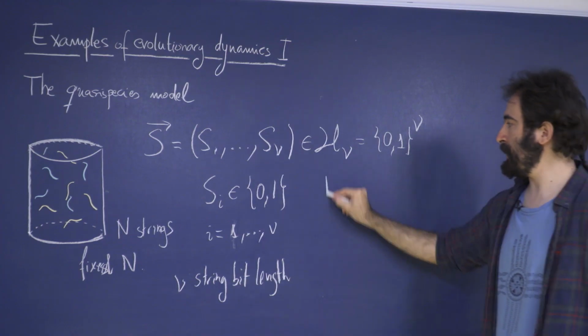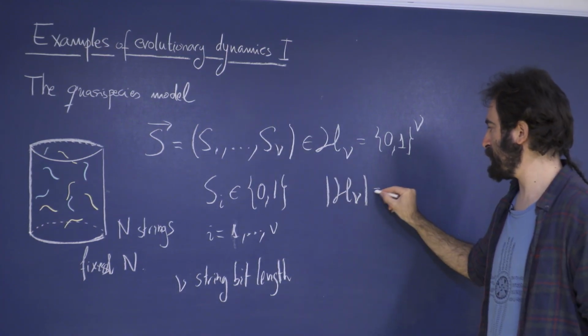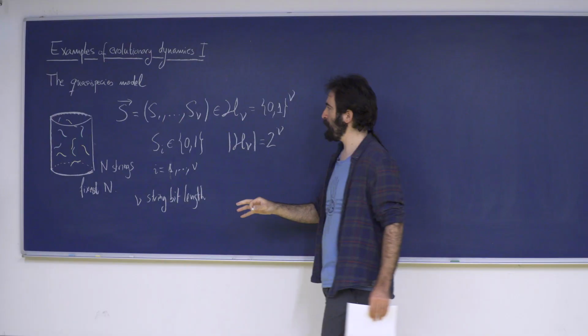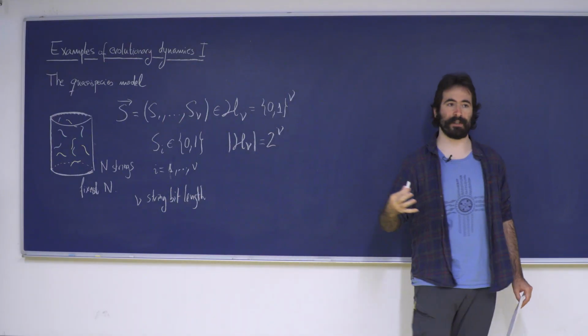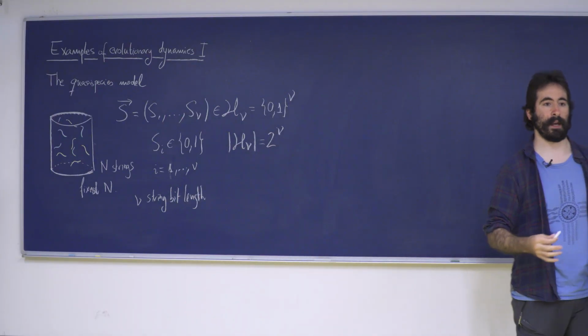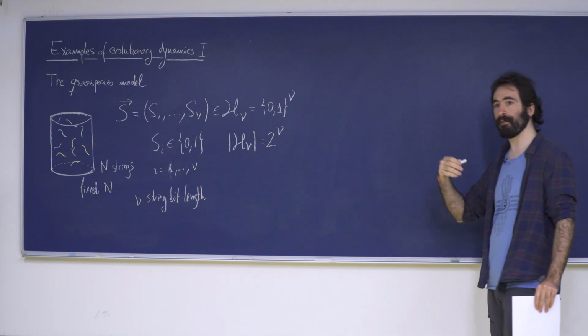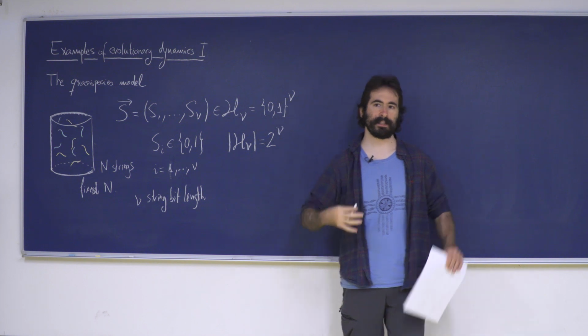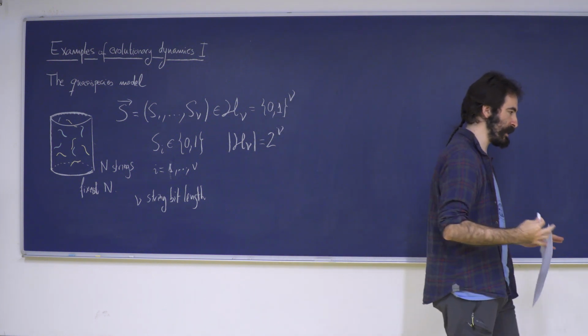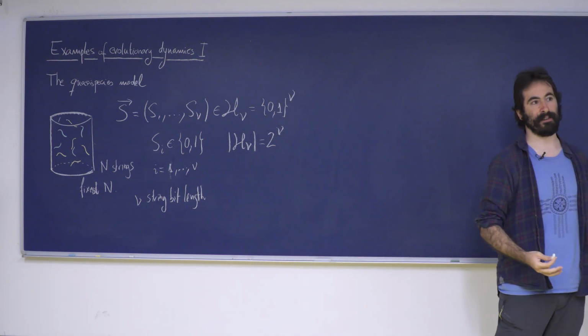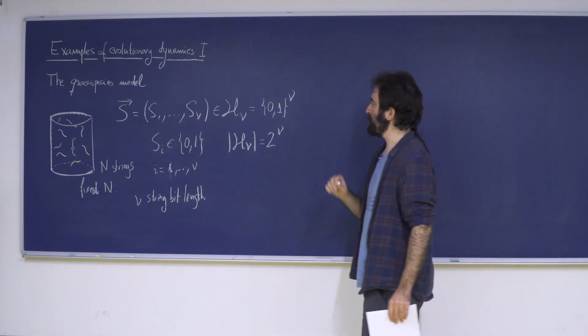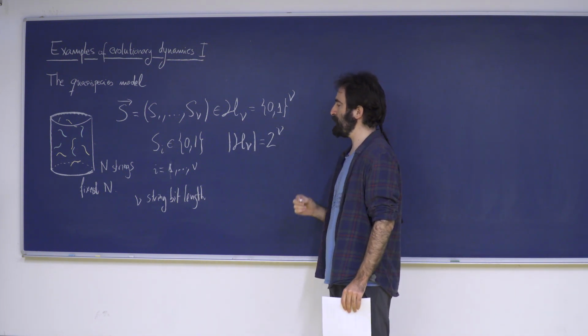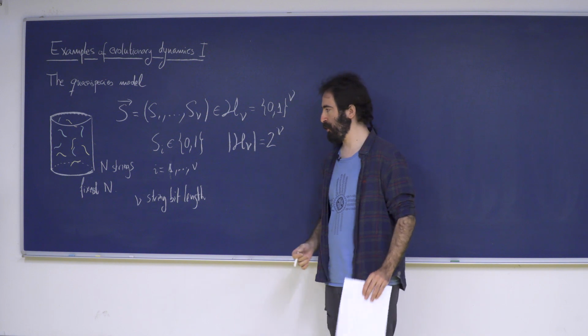Remember also that the total number of possible strings that exist for this system is a very large number indeed. As soon as we go to something like 10 bits, we will have 2 to the 10 possible strings in the system. That's a really large number. As you increase the length of the bit string, this is going to become even larger.